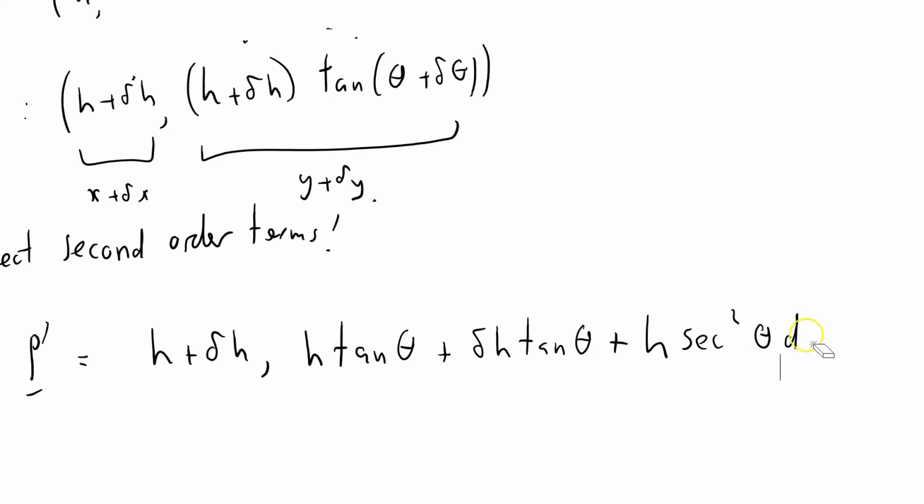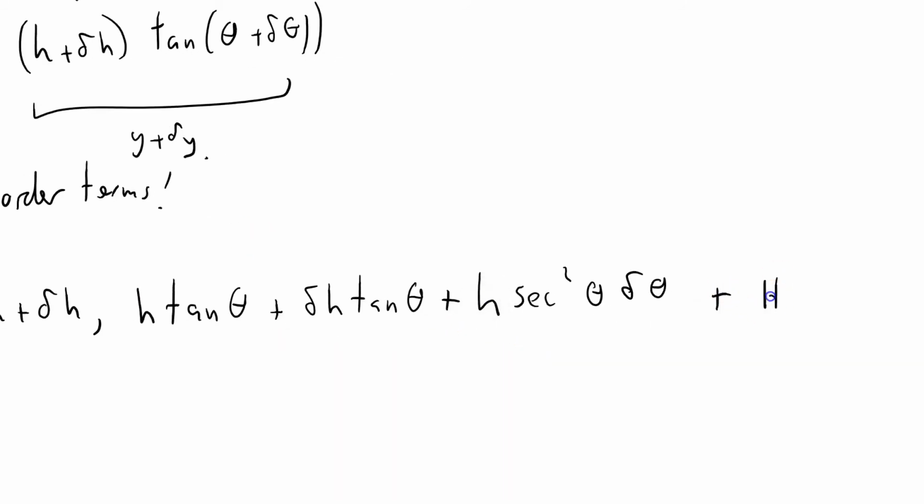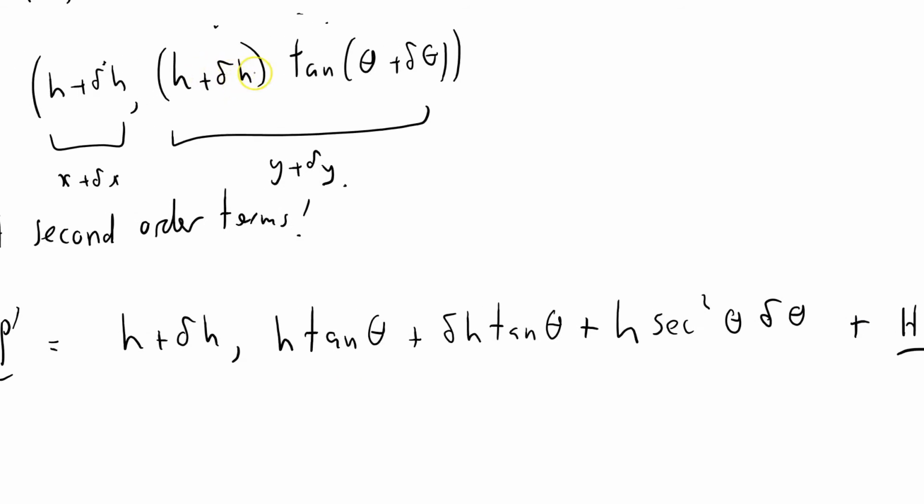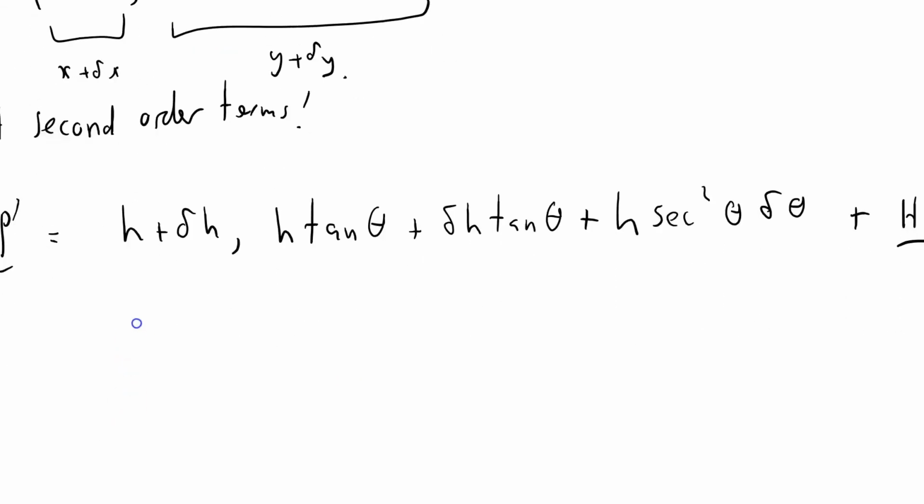Actually, it's not a d, it's a delta. No, I've got that right. Plus higher order terms. Yeah, we've got a delta h and a delta theta that come together, but we'll see we don't need that.